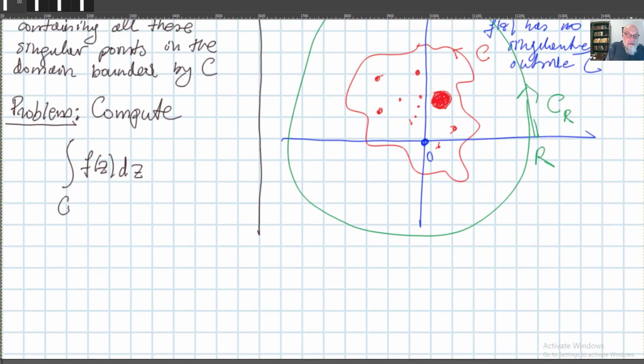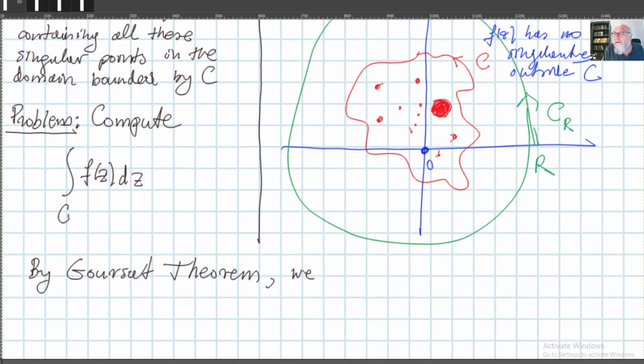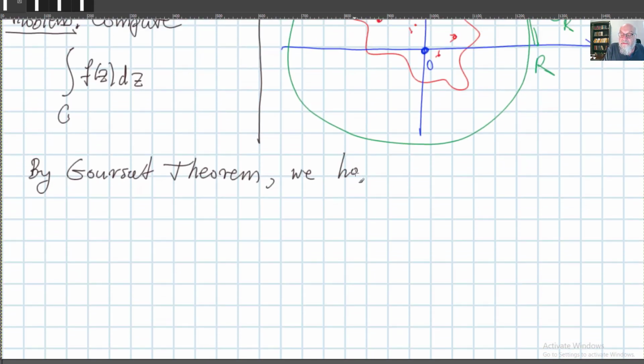By Cauchy theorem, we have that this integral over C of f of z dz is equal to the integral over CR, the green one, of the same function, dz.